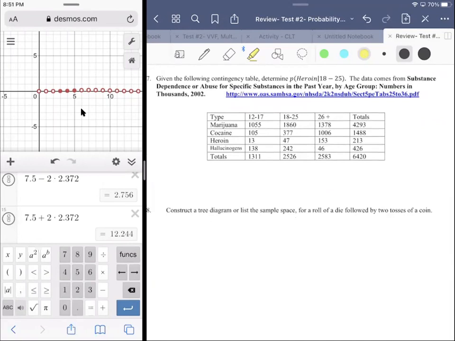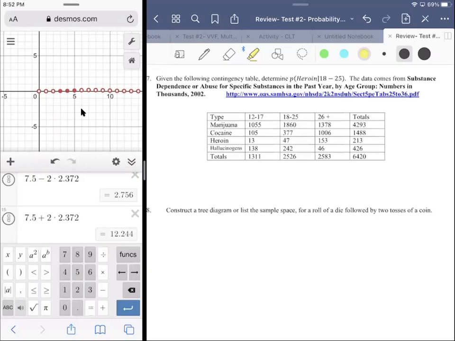Or at least you better get something that's close to right, because all you have to do is give me a probability. There's really no work. It says, given the following contingency table, determine the probability of heroin given the 18 to 25 category. Data comes from substance dependence, so it's real data, right?